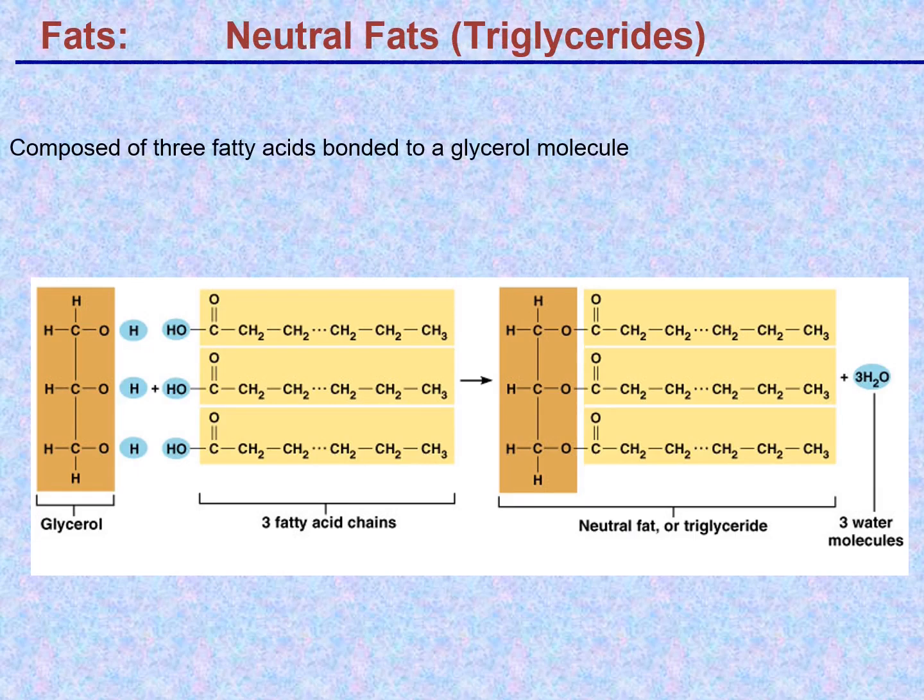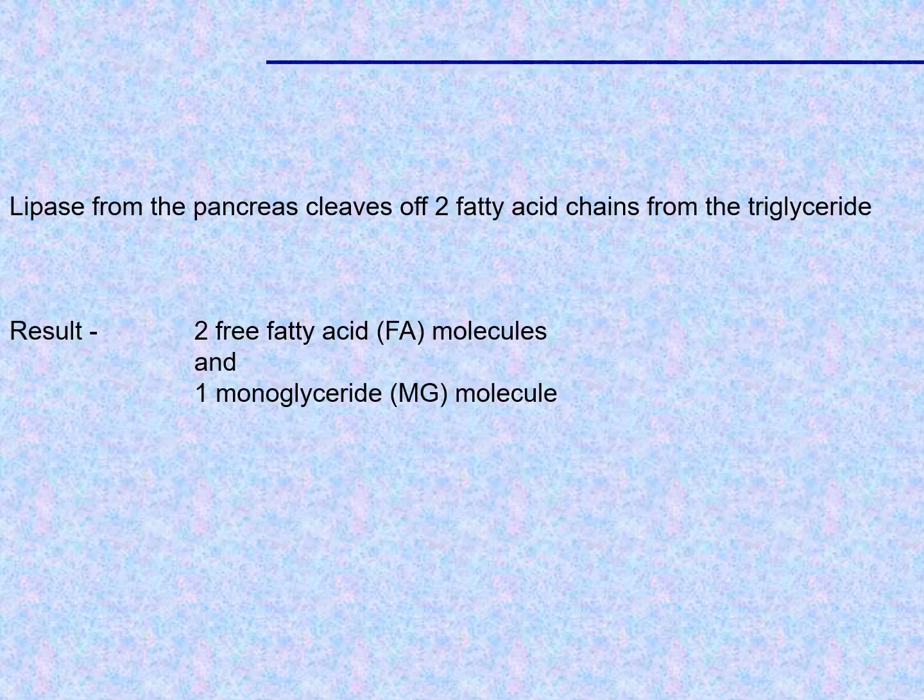So essentially what it does is it can cleave off two. Okay, so it cleaves off, and these are separate, and then the monoglyceride is left. Two free fatty acid chains and one monoglyceride is the result.